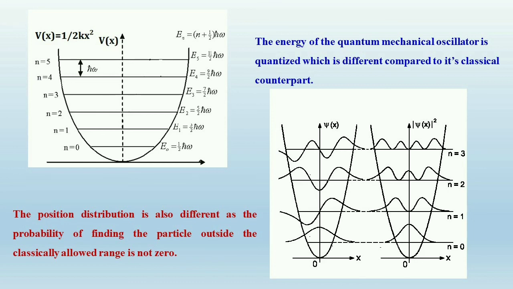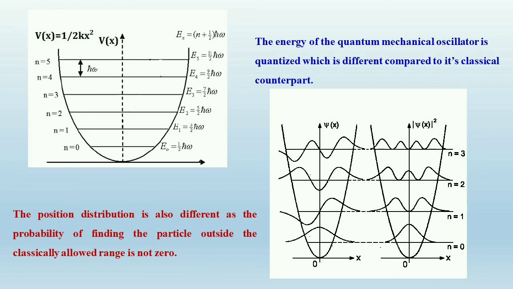Now for the wave functions, the first 4 states are plotted. Here psi 0, psi 1, psi 2 and psi 3 are plotted, and their corresponding probability density, that is mod psi square, is also plotted with respect to x. The position distribution is also different here. Look here, the probability of finding the particle outside the classically allowed range is not 0.